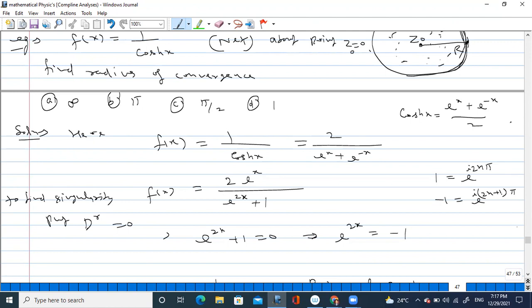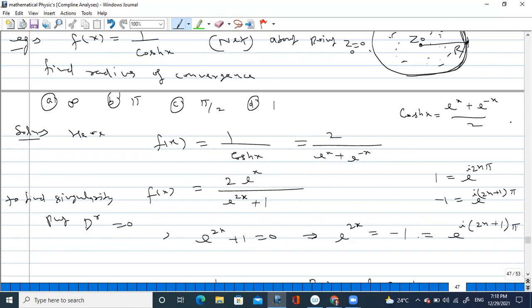So that only I have to write here. For minus 1, I will write e to the power i(2n plus 1) pi. Okay, so this is the value of e to the power 2x.